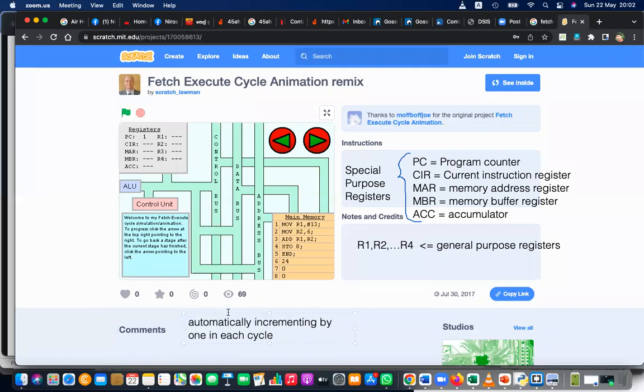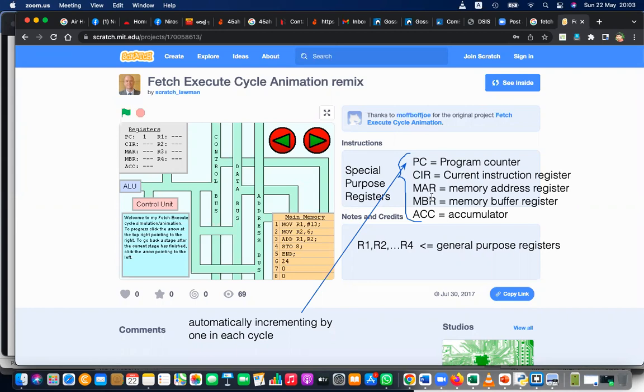That is your program counter. The current instruction register stores the currently running or currently executing instruction. The currently executing instruction will be recorded in the current instruction register.